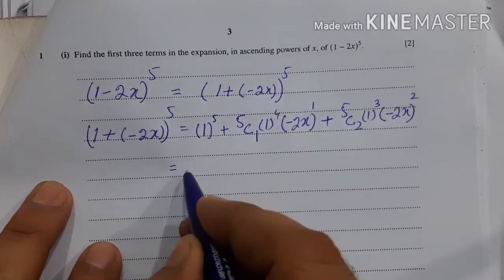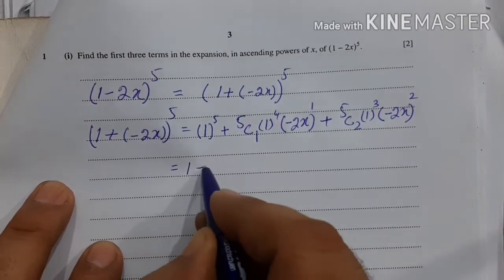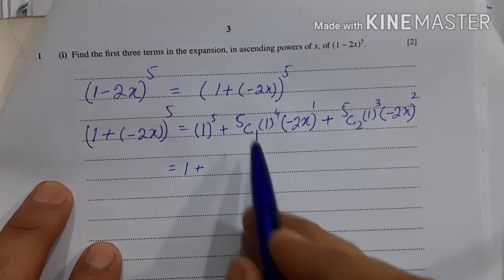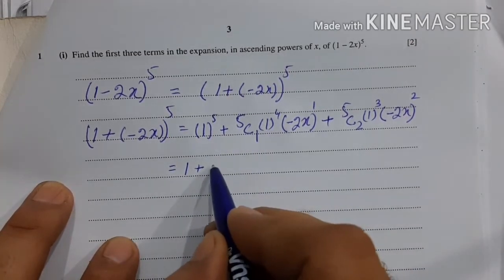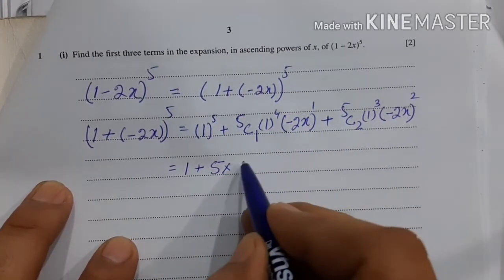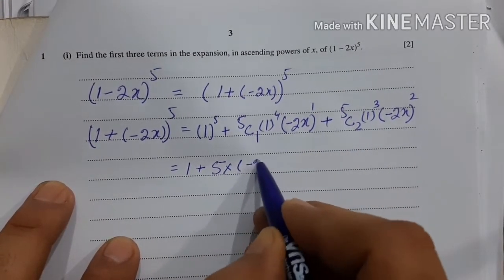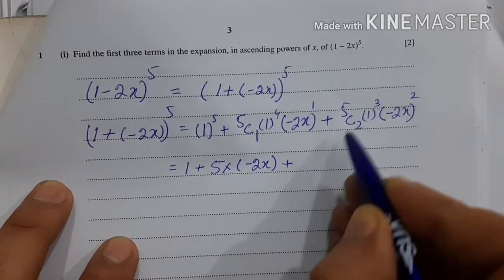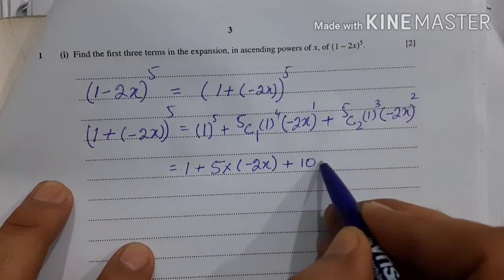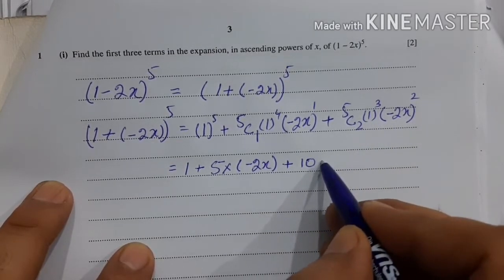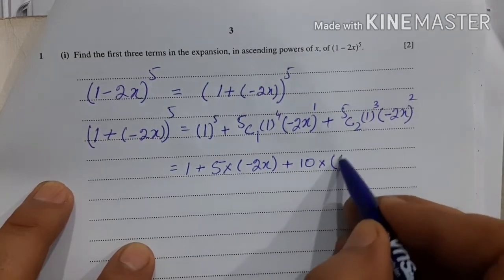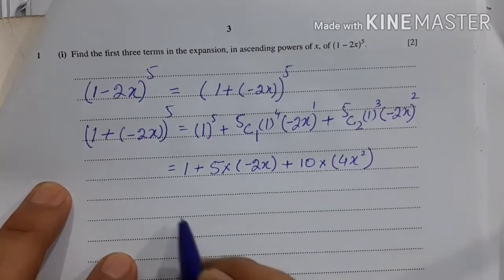So this will become 1 raised to power 5 is 1. So 5c1 by the calculator, if you solve it, will be 5, and 1 power 4 is 1, into minus 2x, plus 5c2 is 10, 1 power 3 is 1, into (minus 2x) whole square means 4x square.